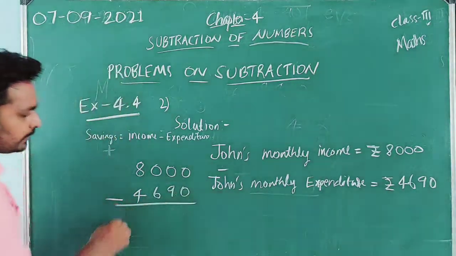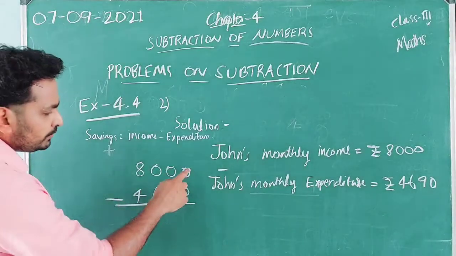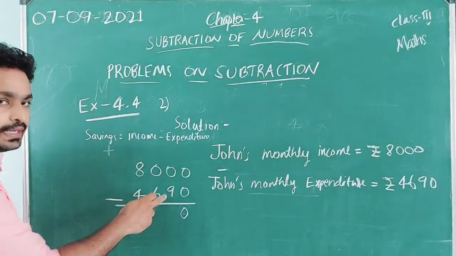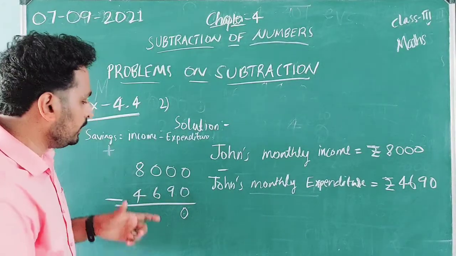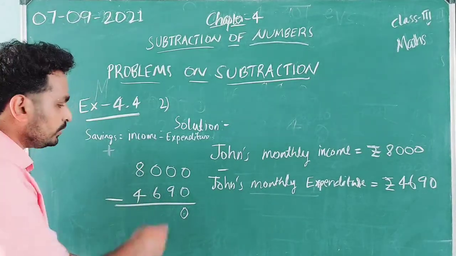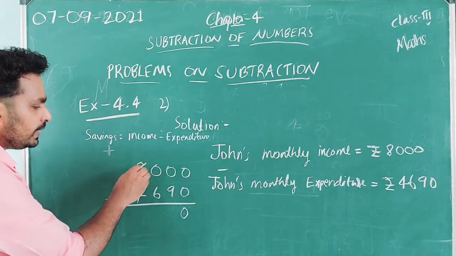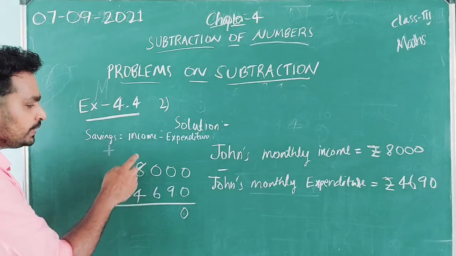4,690. So do first ones column, 0 minus 0 is 0. Next tens column, 0 minus 9. We cannot subtract 9 from 0. So let us cut and take 1 from this number. Here also 0 is there. So let us cut and take 1 from thousands column.